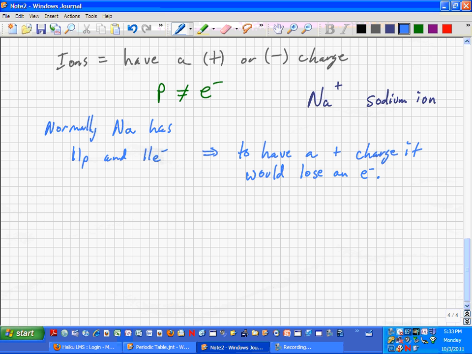Remember from our atomic model, the nucleus is where the protons are at. Those things never move. Those electrons are free. They're outside the nucleus. They can come and go as they please, and that's basically how you get an ion. The electrons come or go. They leave, or they attach themselves onto another atom. So the protons never move.